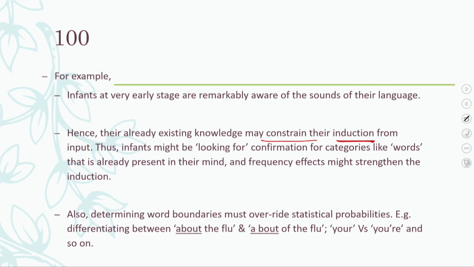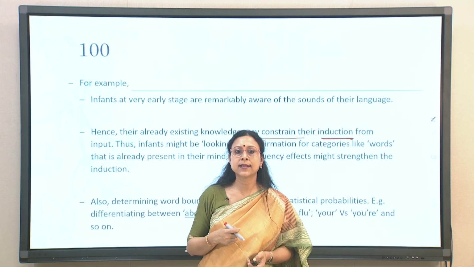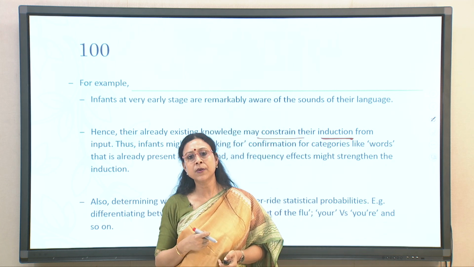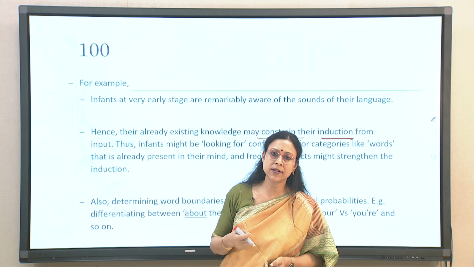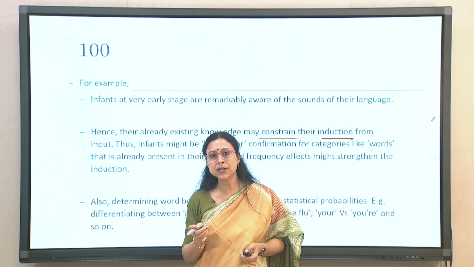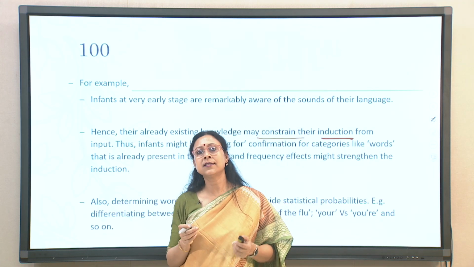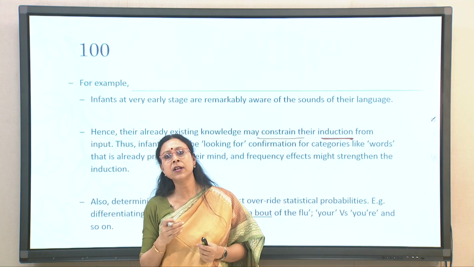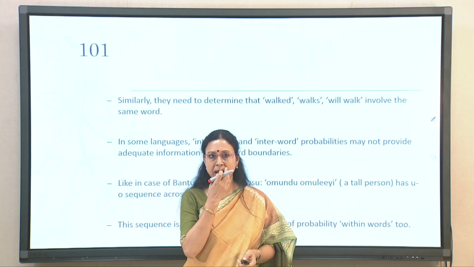Also, determining which boundaries must override statistical probabilities, for example, differentiating between "about the flu" and "about of the flu", or "your" versus "you're", and so on. These kinds of things are difficult for statistical learning. You have to find out whether it is an actual word boundary or a co-occurrence, and the child has a difficult task at hand.